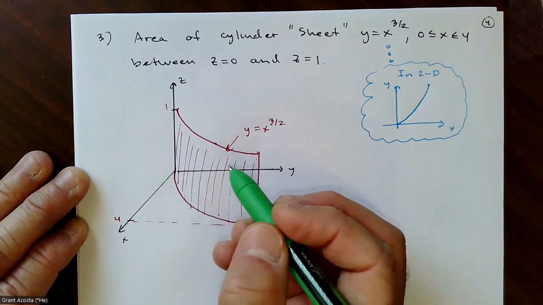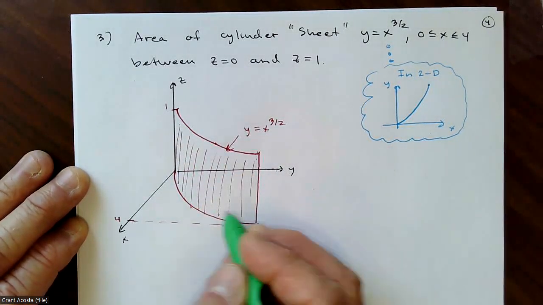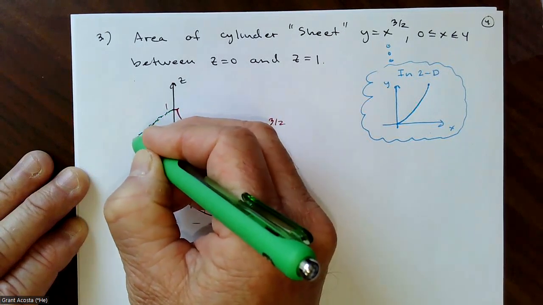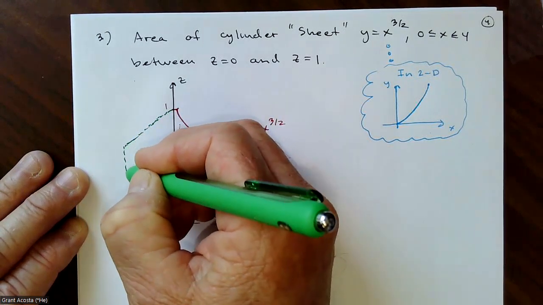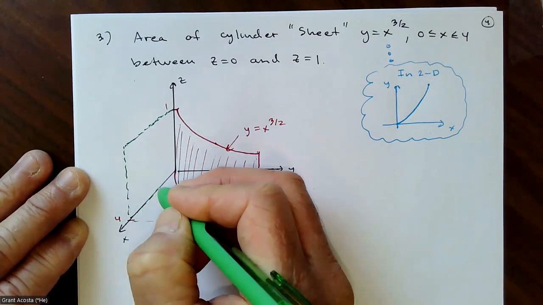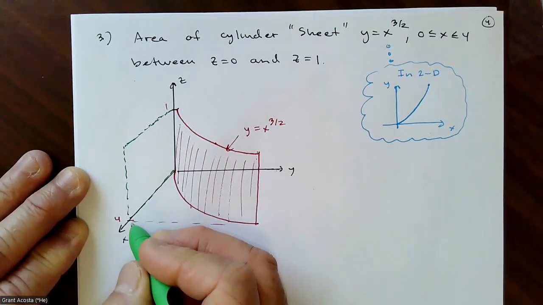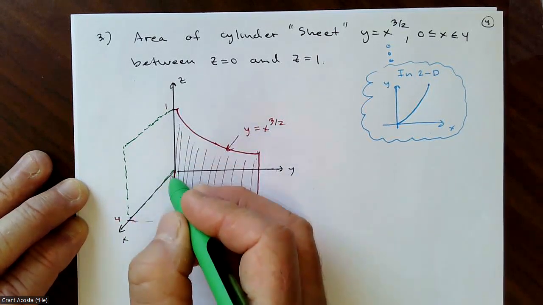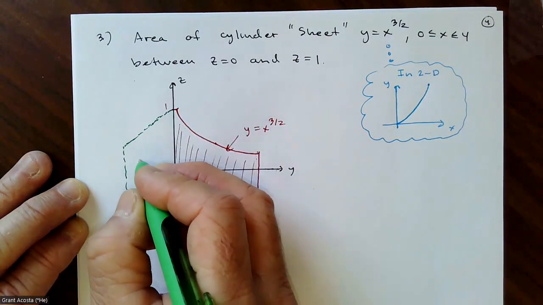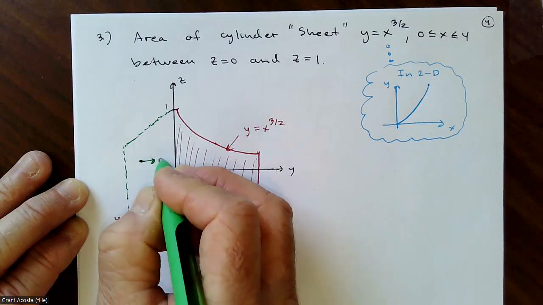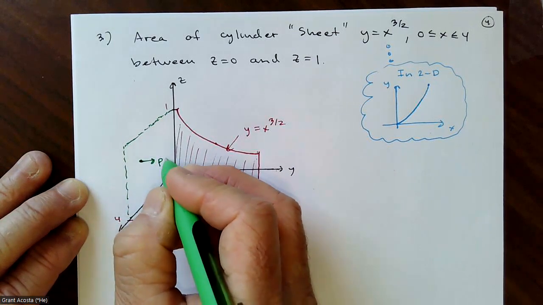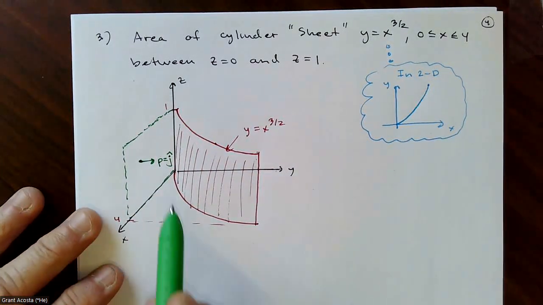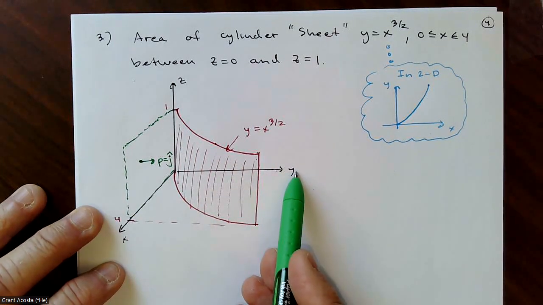But here it makes a little more sense to project this area back onto the xz plane, because everything's going to fit inside this rectangle that has x going from 0 to 4 and z going from 0 to 1. And so in this case, your p vector is going to be j hat. It's the vector pointing out in the y direction.